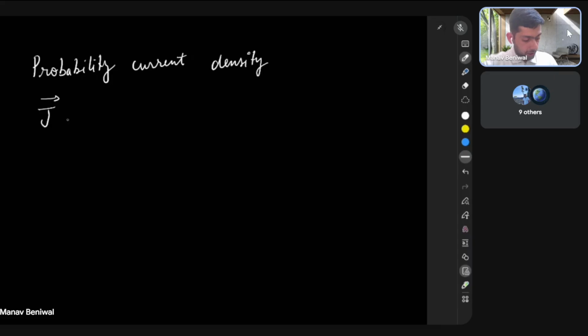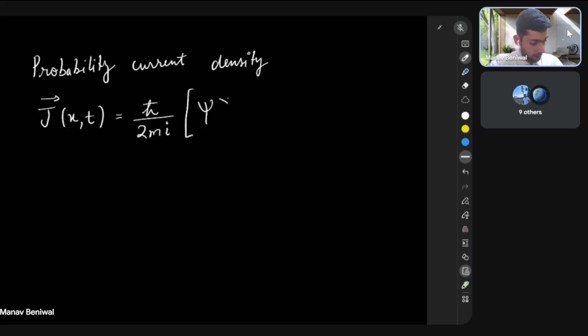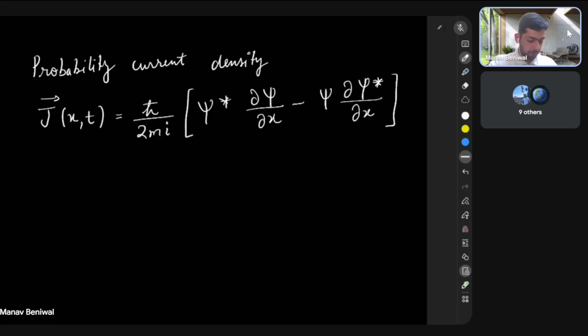It is a vector. Let's consider only one dimension for now, so it will be a function of x and t, and we define it as iota times psi star del psi over del x minus psi del psi star over del x.